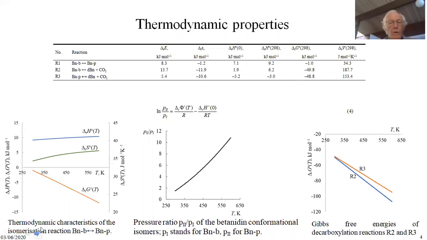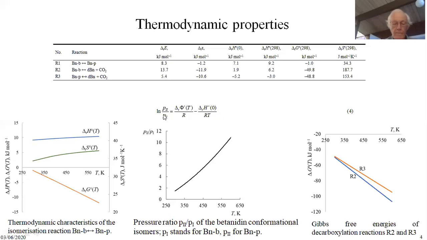However, for the thermodynamic characteristics of the isomerization reactions, as the temperature increases, the Gibbs free energy shows increased spontaneity for these isomerization reactions. And the entropy and enthalpy were positive values for this isomerization reaction.